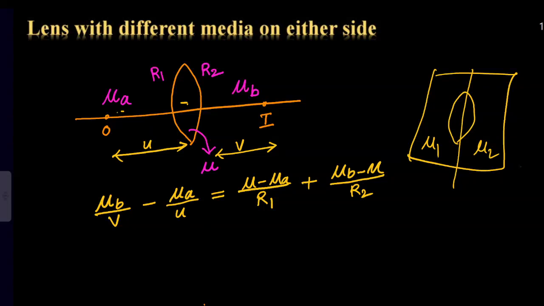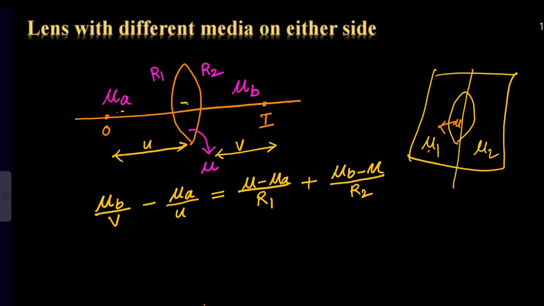So even though there are different media, we are talking about the lens surface, and the lens refractive index is mu only. That we have to consider.